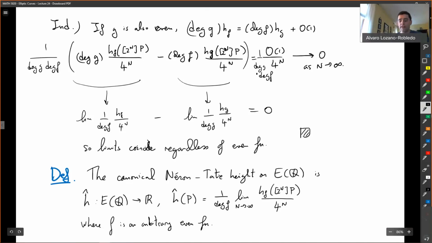For example, the x-coordinate. By the way, note that the height of O, since 2 times O, 4 times O is always O, the numerator is stable, it's just 0, and therefore the limit is 0. So the height of O is 0, the canonical height.